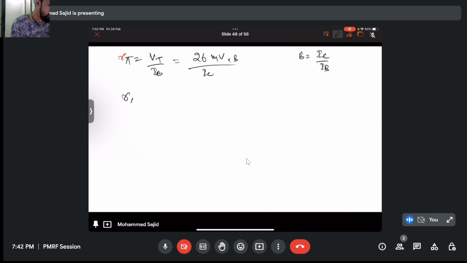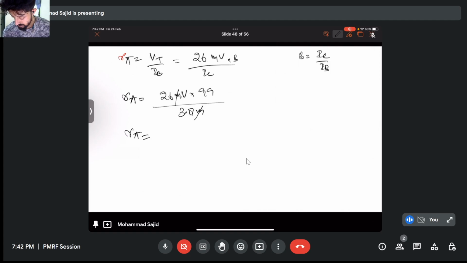So your R pi will be equivalent to 26 millivolt into beta, that is 99, divided by IC, that is 3.8 milli. Let me just calculate it: 26 times 99 divided by 3.8, 677.36 ohm.